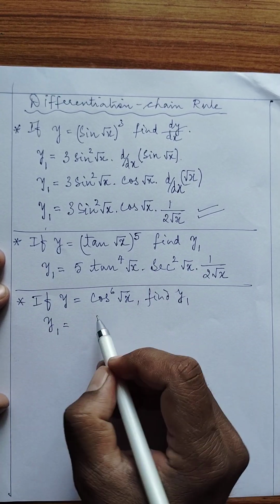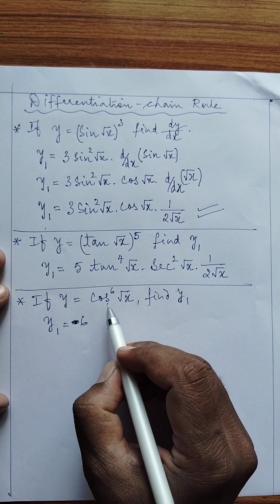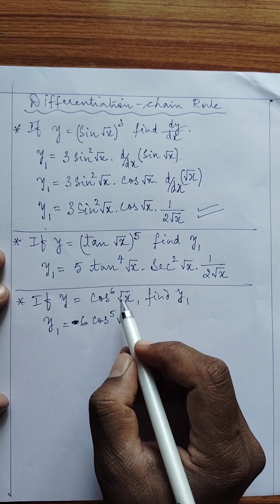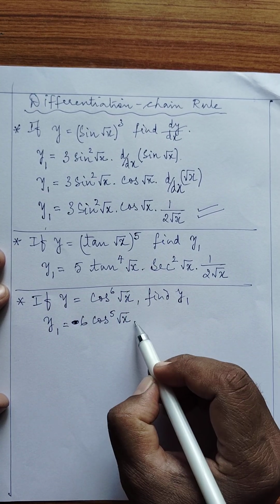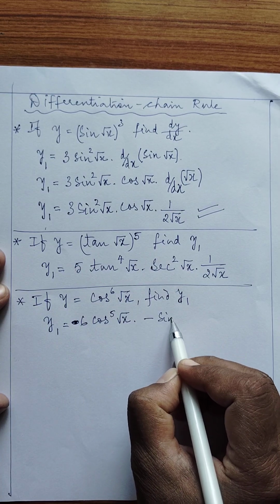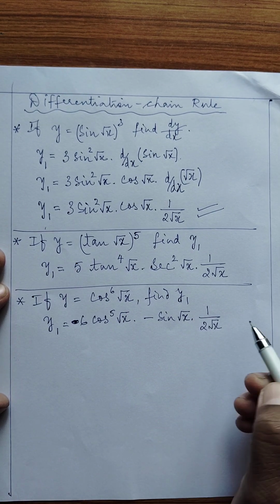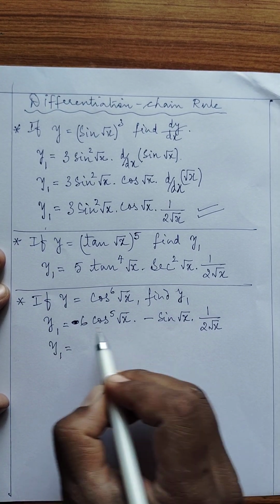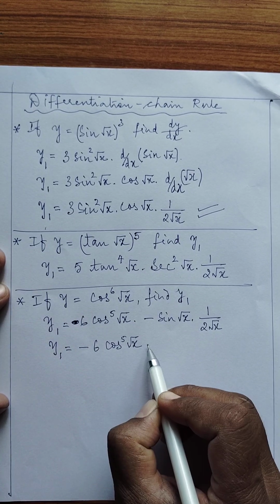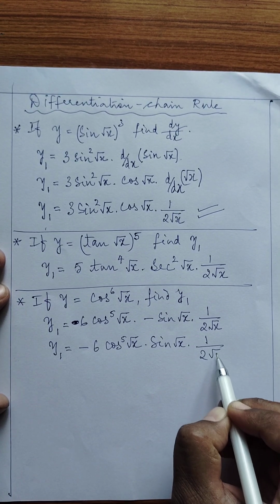Now y1 equals 6 cos power 5 root x, I have found the derivative of the power, into, now cos root x is minus sine root x into root x is 1 by 2 root x. Just you can rearrange taking minus sign first. Minus 6 cos power 5 root x into sine root x into 1 by 2 root x.